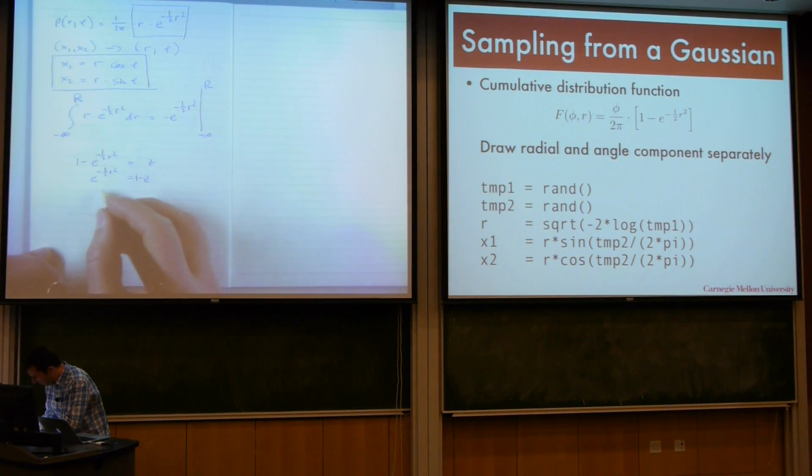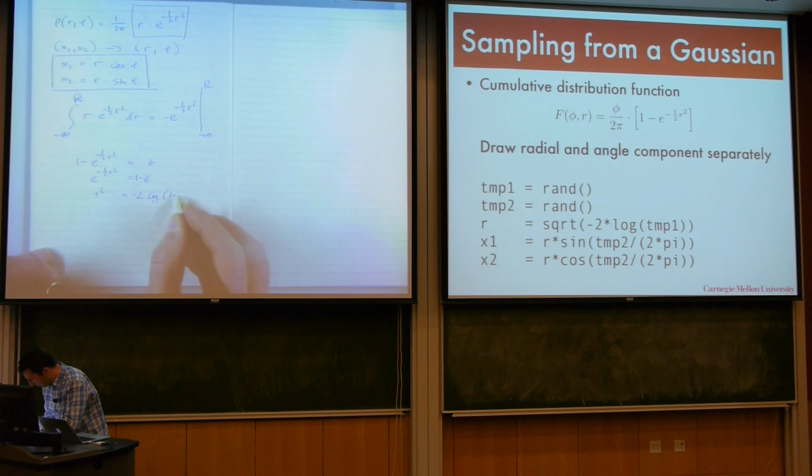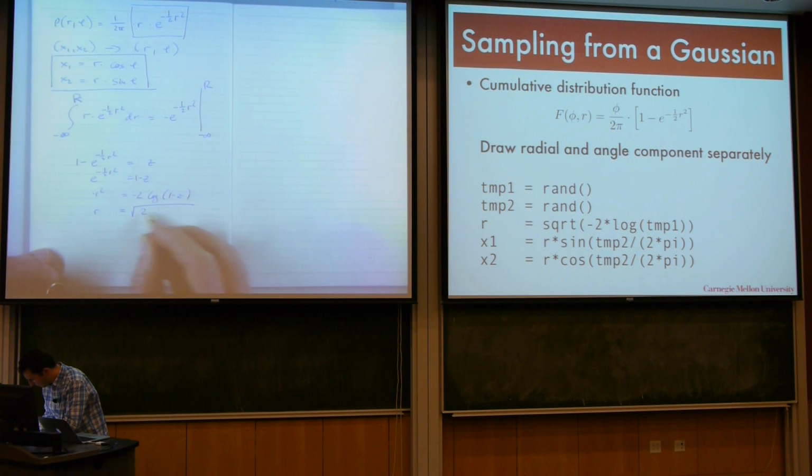Taking the log of that, and then times minus 2, we have basically r squared is minus 2 log of 1 minus z. So we get that r is the square root of minus 2 log 1 minus z.